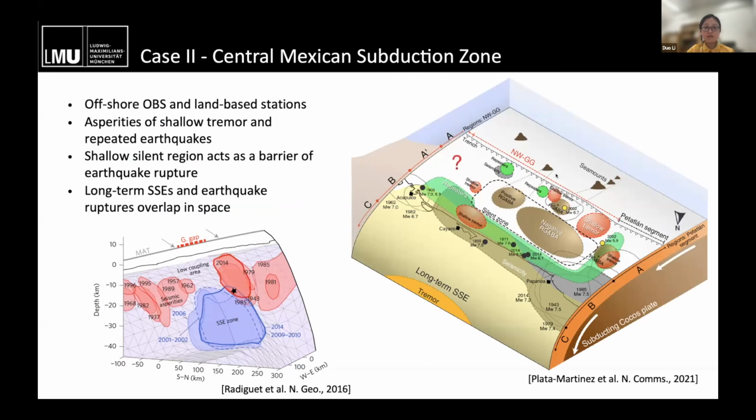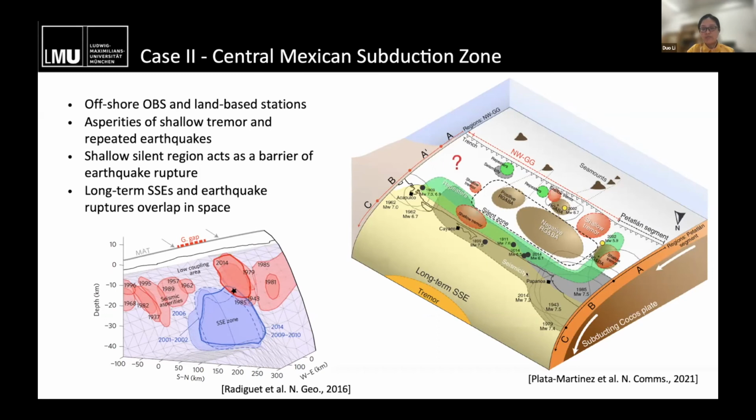So there is a newly published model about the fault heterogeneity in central Mexico. In the shallow part, they have very small asperities or scatters of low frequency earthquakes, very low frequency earthquakes and tremor. And in the deeper part, they have this slow slip rupture.